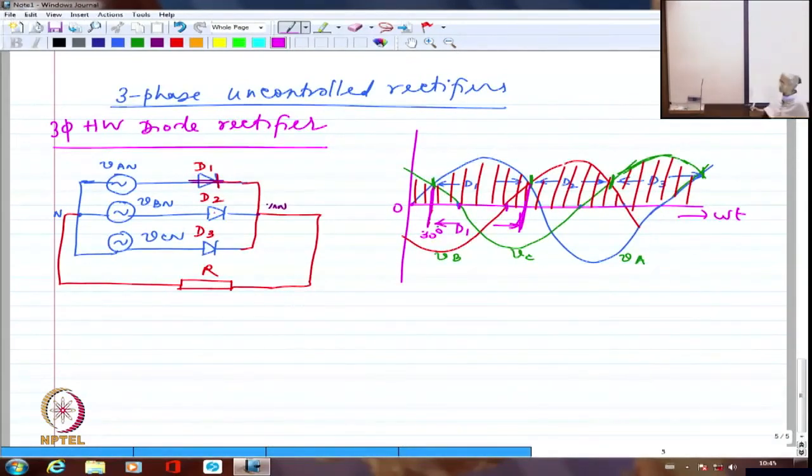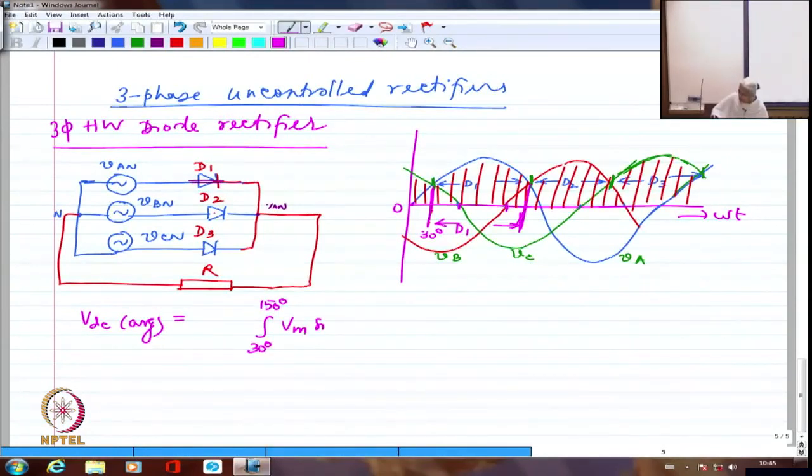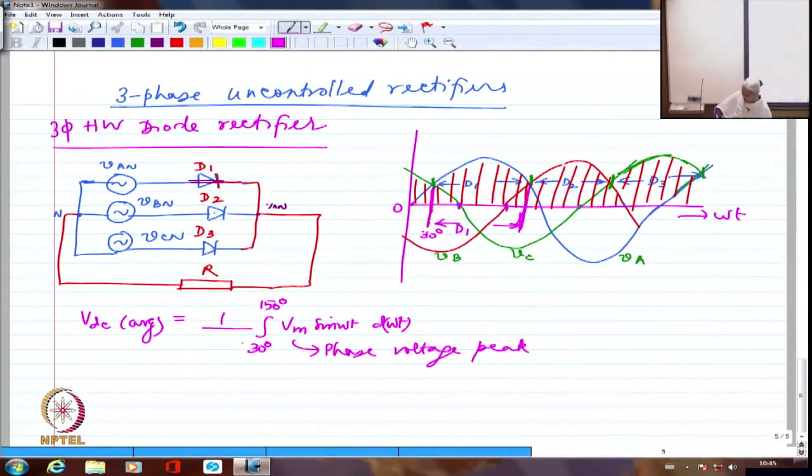So I have to integrate the voltage. V DC, or V load average, will be equal to the integral from 30 degrees to 150 degrees of Vm sin omega t d omega t, where Vm is the phase voltage peak, not the line voltage peak, and I have to average it over 2 pi by 3.